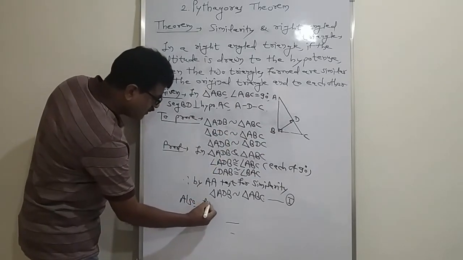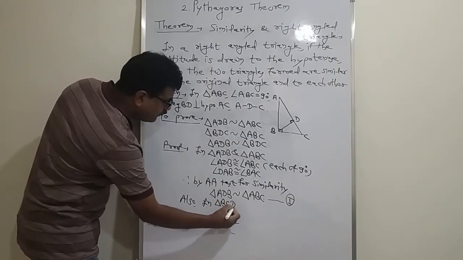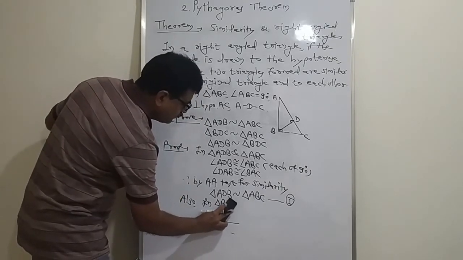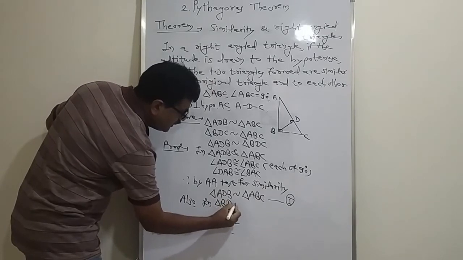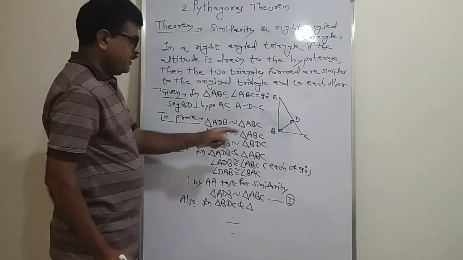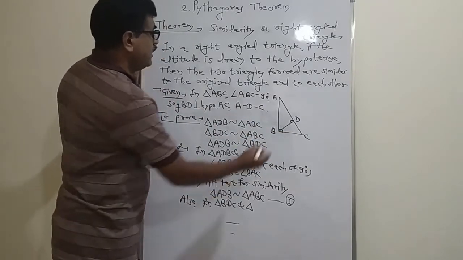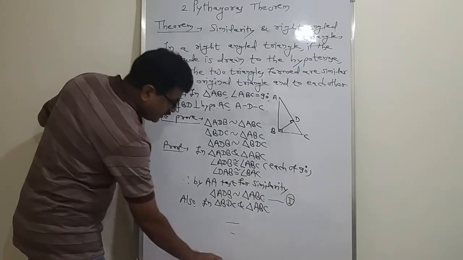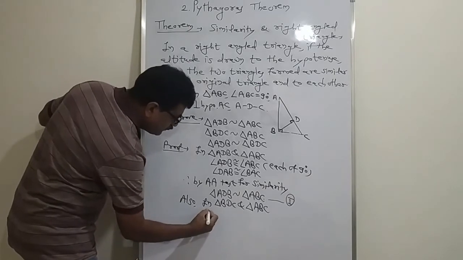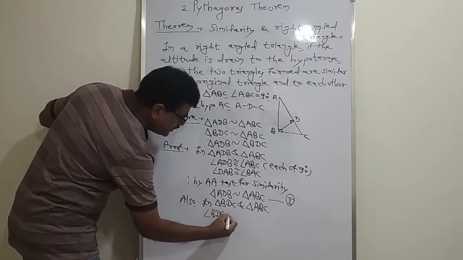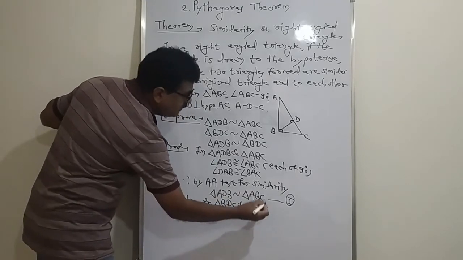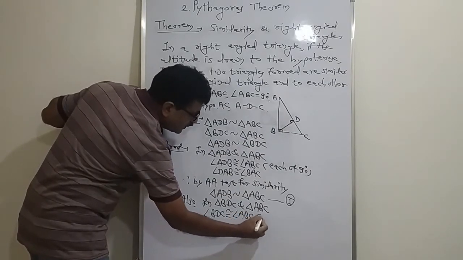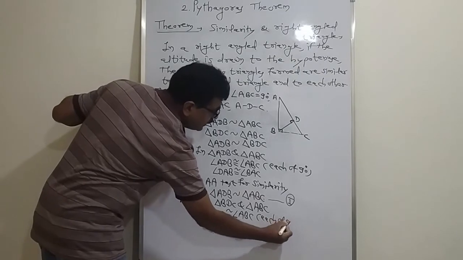Now in triangle BDC and triangle ABC, here angle BDC is congruent to angle ABC, BDC and ABC are each 90 degrees.